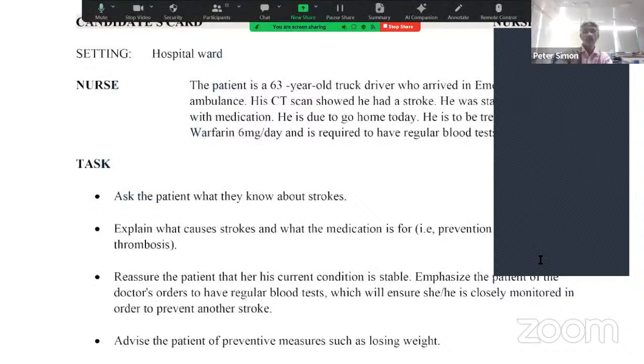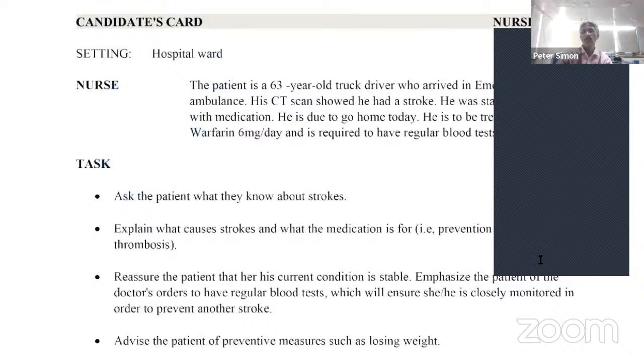Then next, second one, task one. There are 4 tasks here. Ask the patient what they know about strokes.